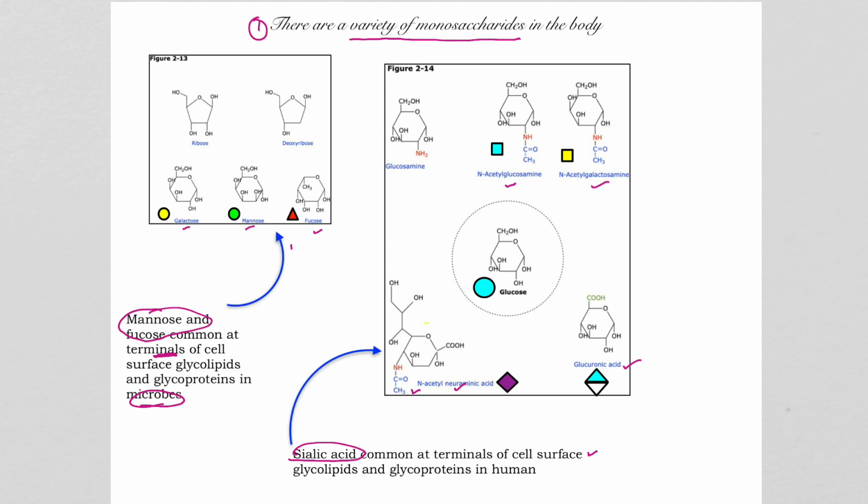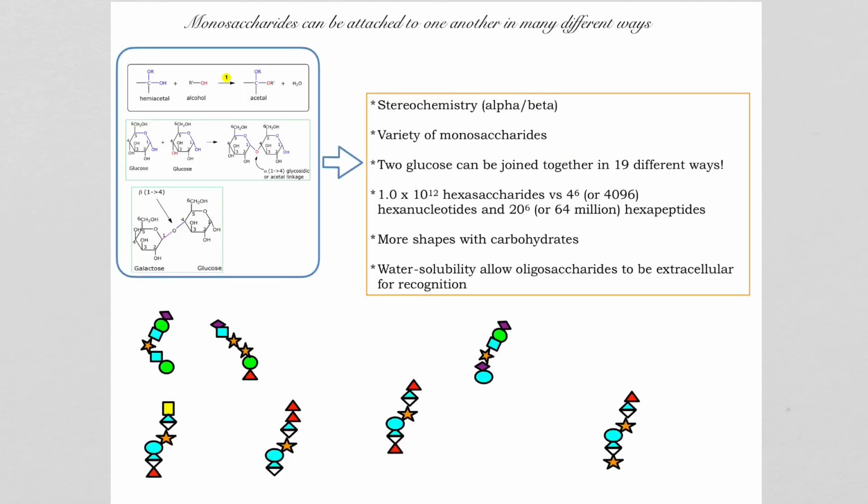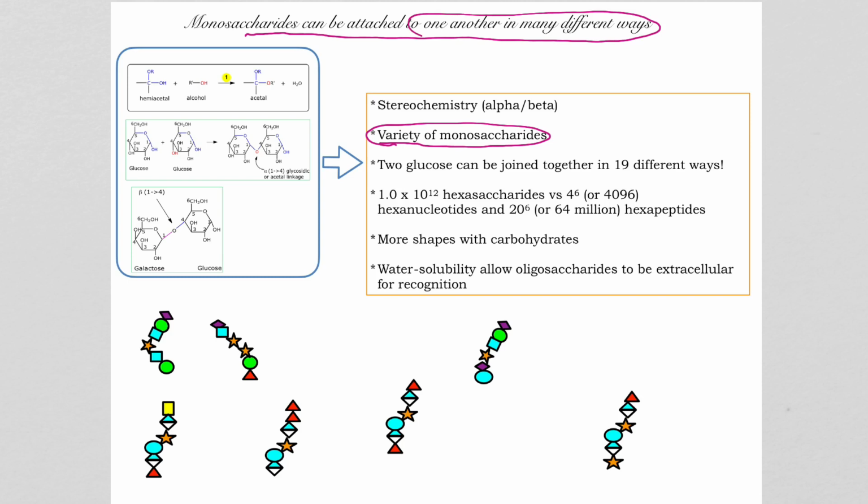So you can see microbes have different identities than our cells in the body. So the second reason why carbohydrates make very good identity tags is not only are there a variety of monosaccharides, as we just mentioned, but any two monosaccharides can be attached to one another in many different ways.